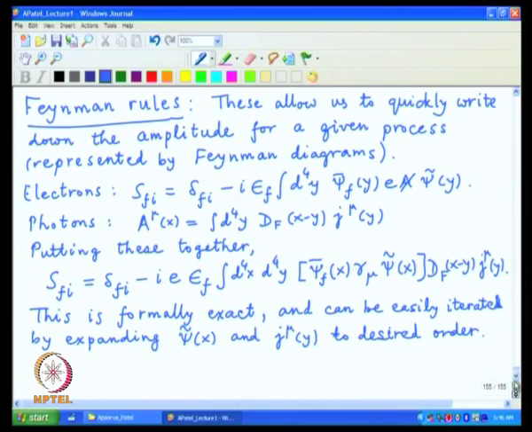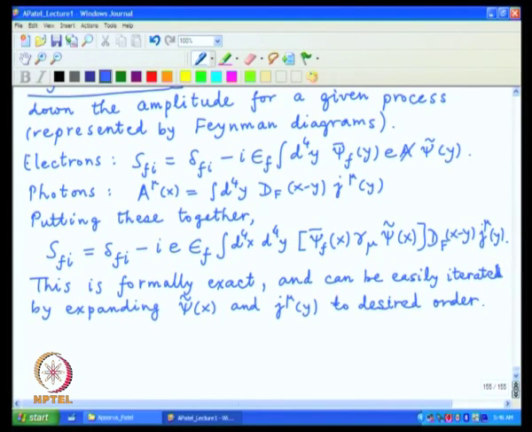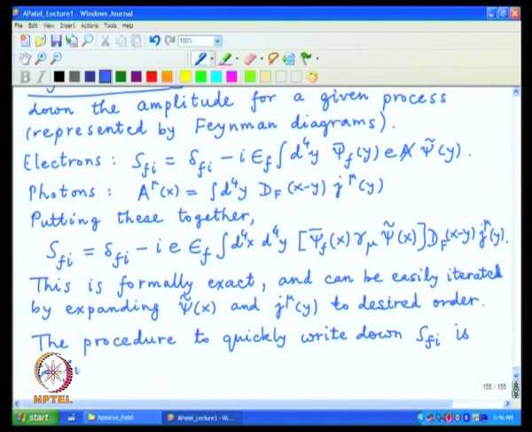So, we now have a procedure to first draw all the diagrams.